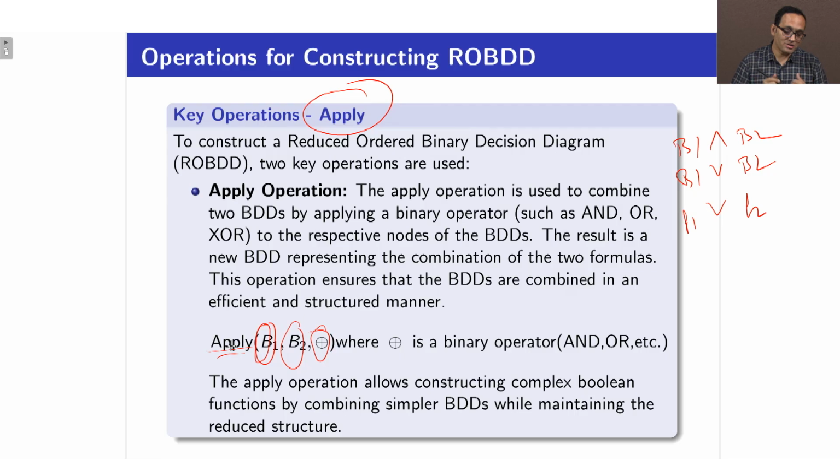So, combining these two BDDs, where the variable ordering is the same, is something we learn through this apply operator. What do you mean by the ordering being the same? Suppose you have a BDD B1 which has variables x1, x4 and x5, right. Another BDD B2 has, say, x2, x3 and x4.